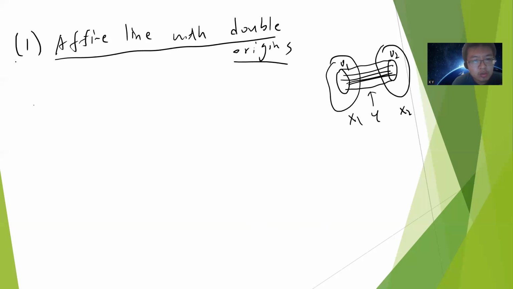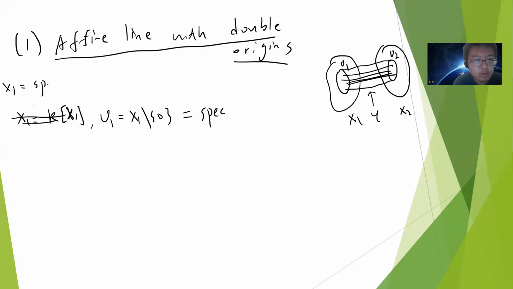Let's take X1 to be the affine line, so it's k[x1], and let U1 be X1 minus the origin. So X1 is Spec of k[x1], and U1 is Spec of k[x1, 1/x1], because now x1 cannot be 0.